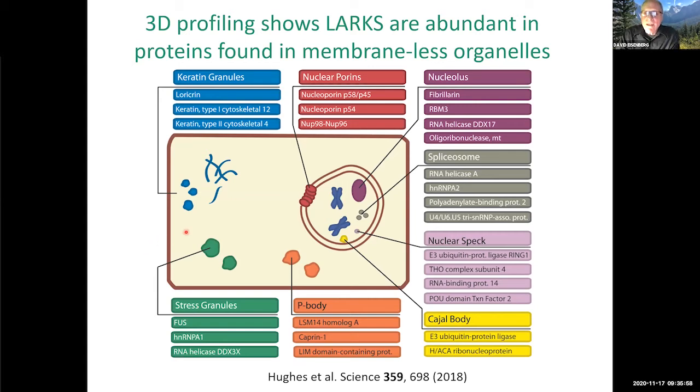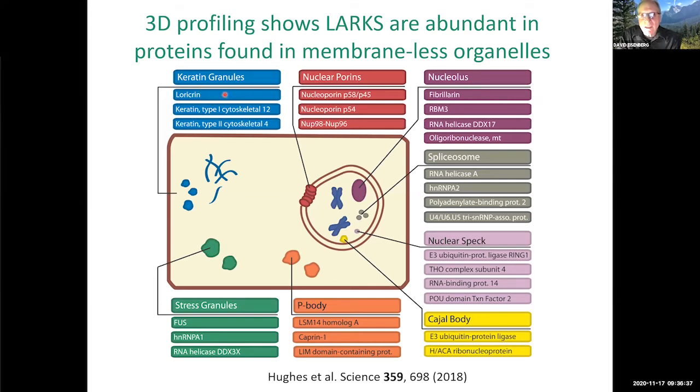So Michael Hughes then did what we call 3D profiling. I'm not going to go into detail, but what he did was to look in the whole human proteome for low complexity domains, and there are about 2,500. About a quarter of our proteins have low complexity domains. And then he looked at those for those that contain LARCs. And the ones which contain LARCs are the ones which are found in stress granules, P bodies, Cajal bodies, nuclear speckles, lysosomes, nucleolus, nuclear porins, and keratins.